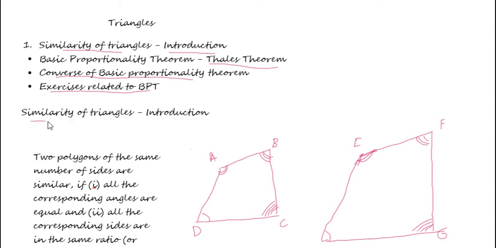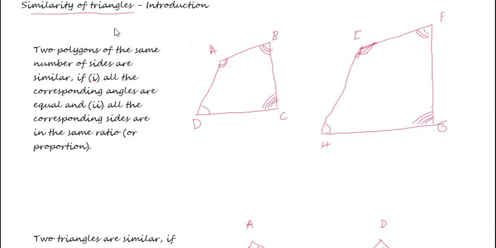Similarity of triangles. Before we discuss similarity of triangles, let us discuss the similarity of different shapes. Let us take polygons. Now, if two polygons have the same number of sides, they are said to be similar. This is the symbol for saying similar.